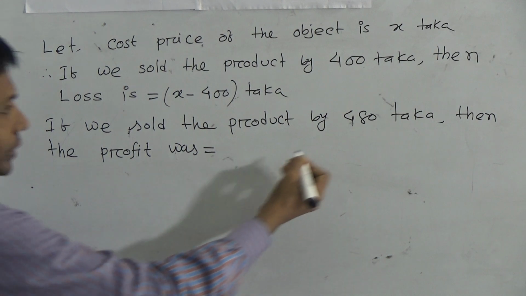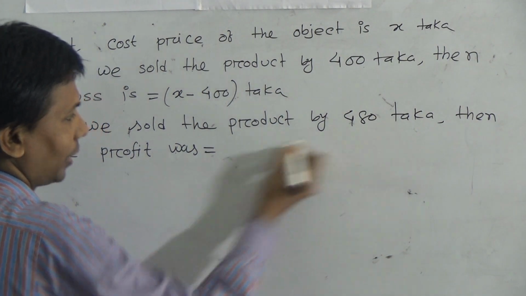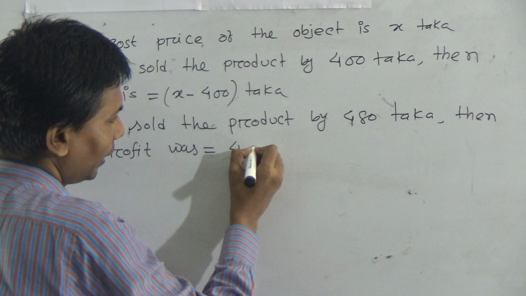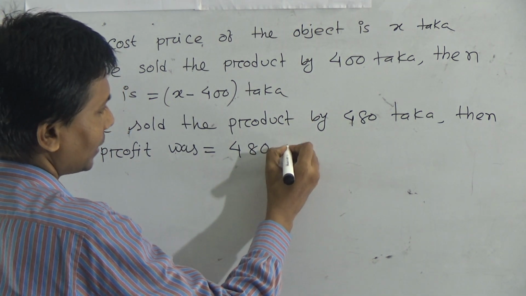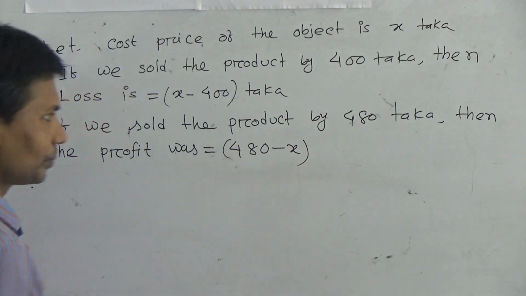The selling price is 480 taka, so 480 minus the cost price x taka.